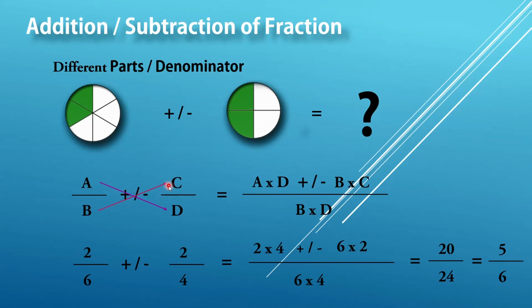So cross multiplication if the denominators are different; if the denominator is the same, then simply add or subtract. We need to apply two different formulas. You can write these formulas in your notebook, and whenever you get time, just remember those formulas. It will help your understanding power.